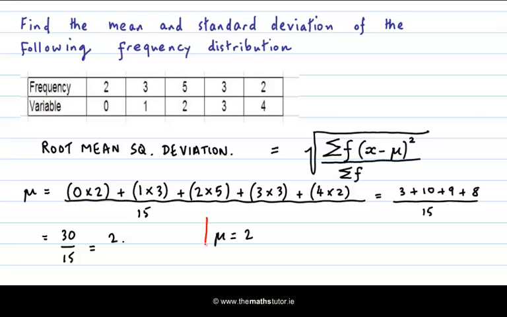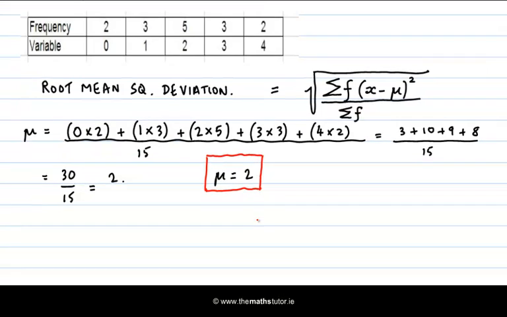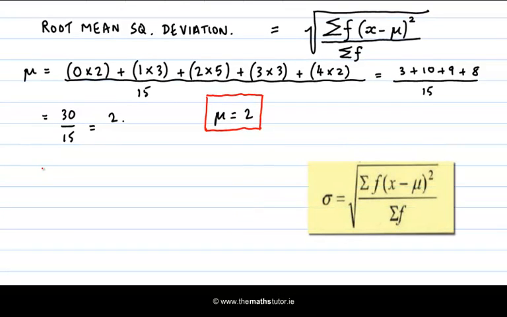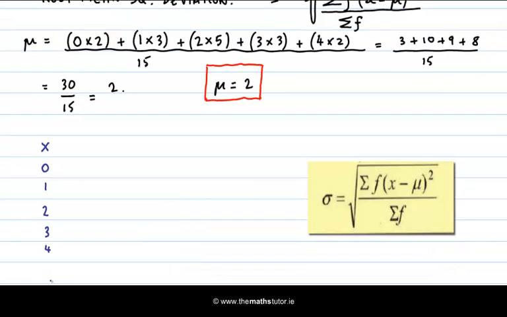Now remember that we use the mean in order to calculate the standard deviation, because we need to calculate each data's deviation from the mean. So now what we'll do is we'll write out a table showing each of our pieces of data and their deviation from the mean. Our table will have in the first column our data, and they are 0, 1, 2, 3 and 4.